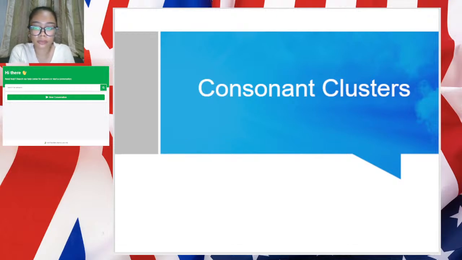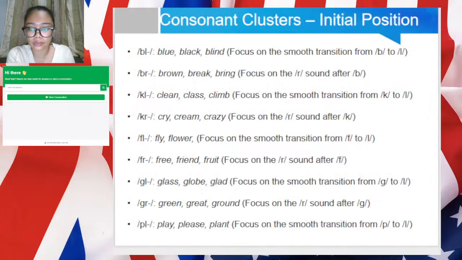For many of you, these can be a little bit tricky because your first language might not have as many of the following combinations that I will be providing, or they might sound a little different to you. So it is really something we need to practice. Consistent practice is always the key to sounding natural.